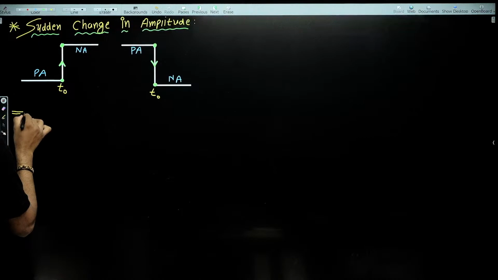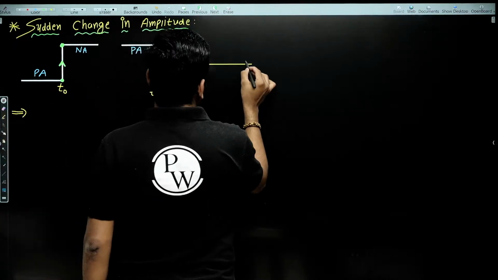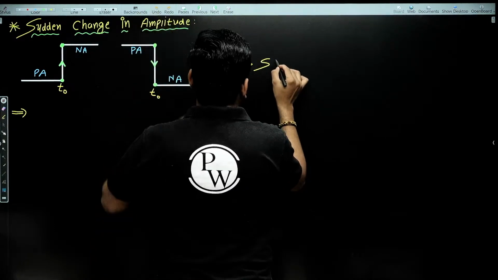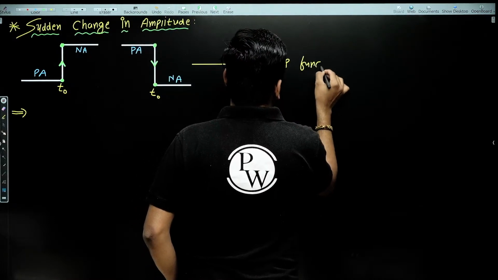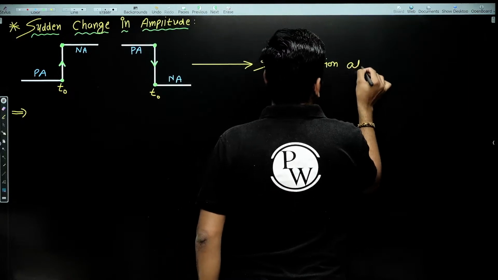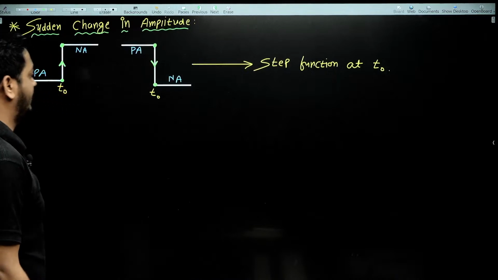In this case a step function will come at T naught, like u of t minus T naught.